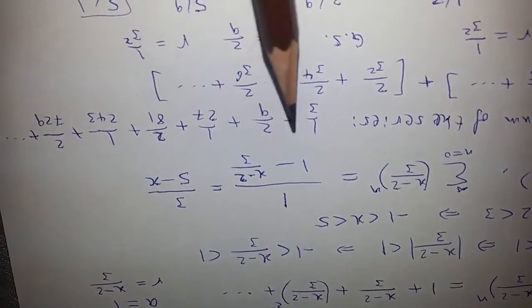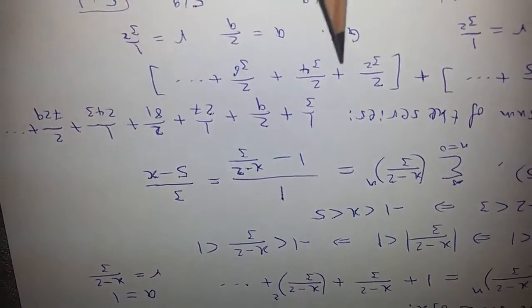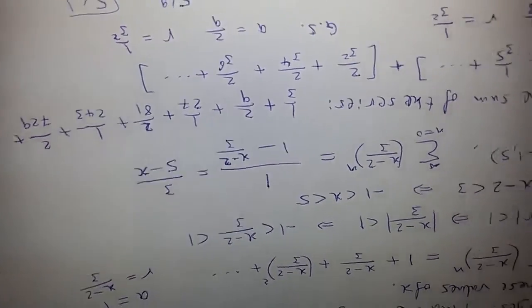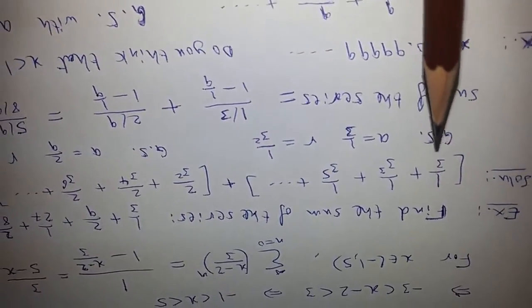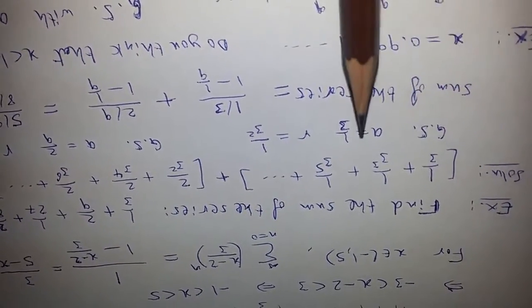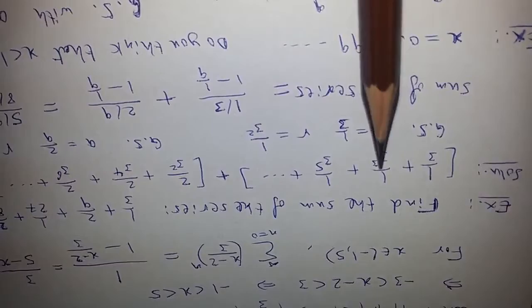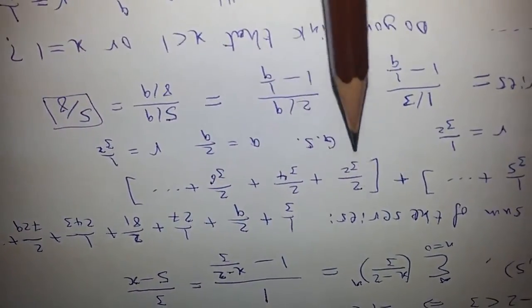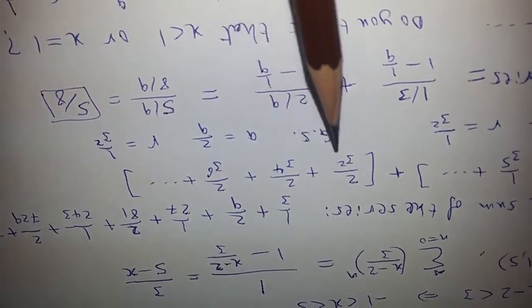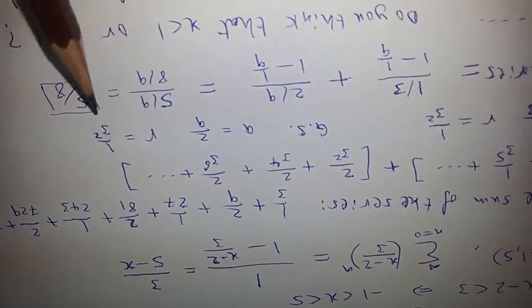So we can write this series as the sum of two series. Each one of them is geometric. This is geometric. A is 1 over 3, the first term. The common ratio is 1 over 3 squared. And this is geometric. The first term is 2 over 9. And the common ratio is 1 over 3 squared.